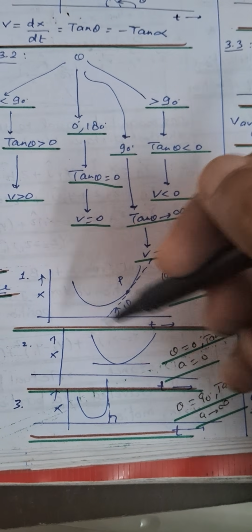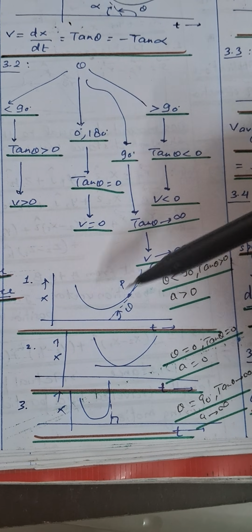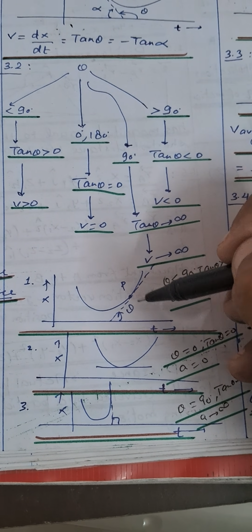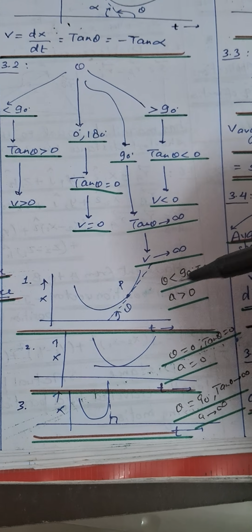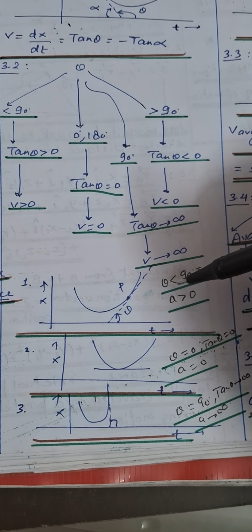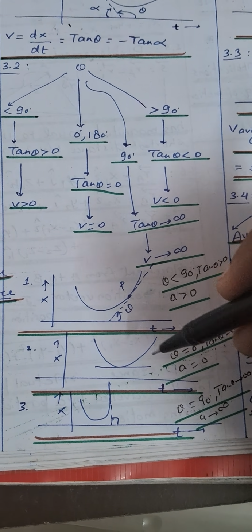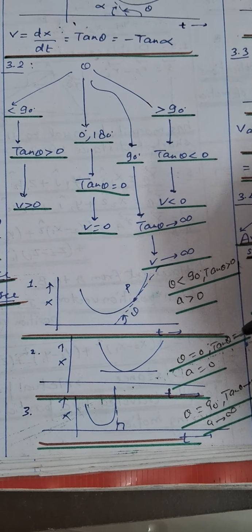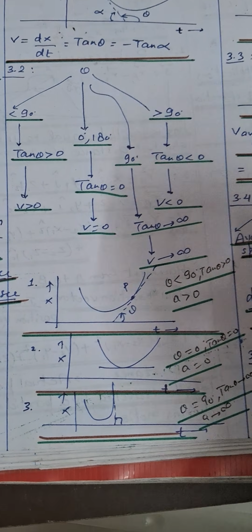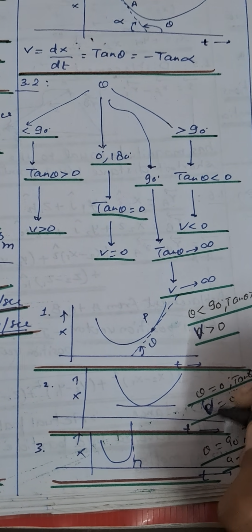Now we have different graphs based on these. First of all, we have the x-t graph like this. We can see that at this particular point, theta is less than 90, so tan theta here will be positive, so velocity here will be positive. Then we have another graph in which theta is 0, so tan theta is 0 and hence the velocity will be 0.